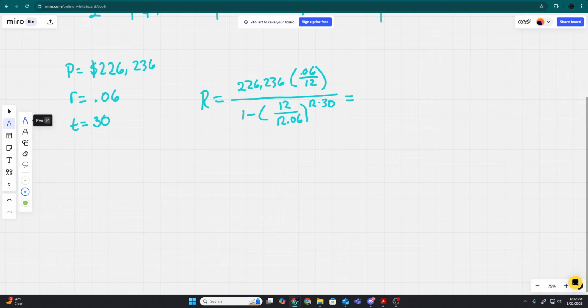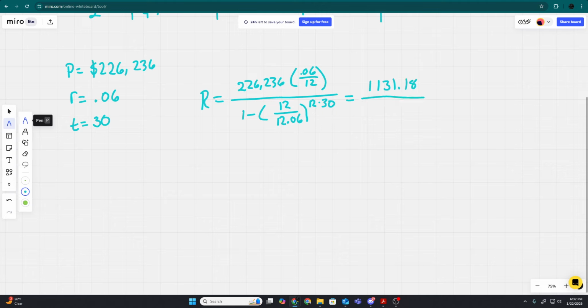This is a good recap from what we did yesterday. So on top, we just had 226,236 times 0.06 divided by 12, so the top number is going to be 1,131.18.